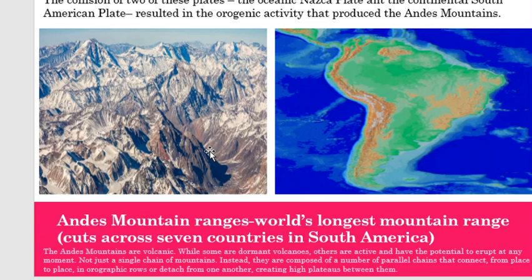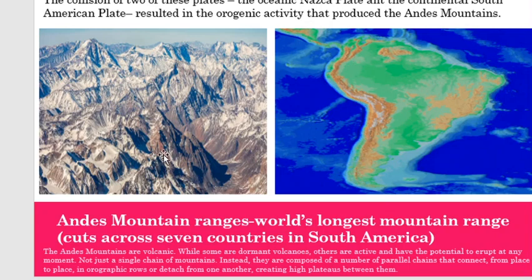I'm sorry, this is the picture of the Andes Mountains. You can see here the beautiful picture of the Andes Mountain ranges. That is actually the result of the collision of the converging oceanic Nazca plate and the continental South American plate here. So they produce the Andes Mountains.